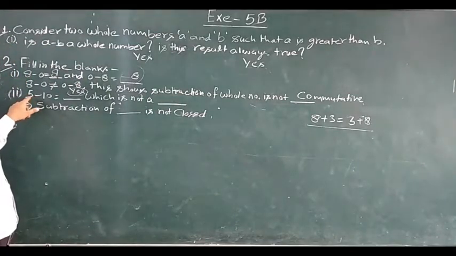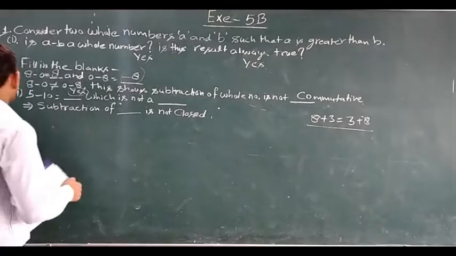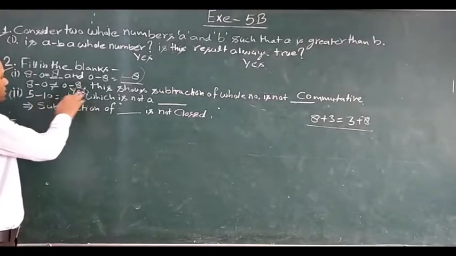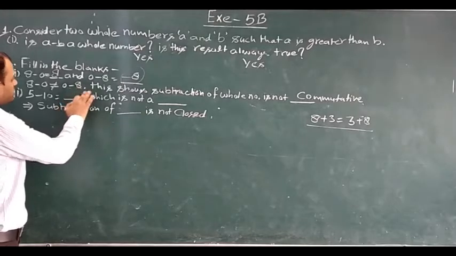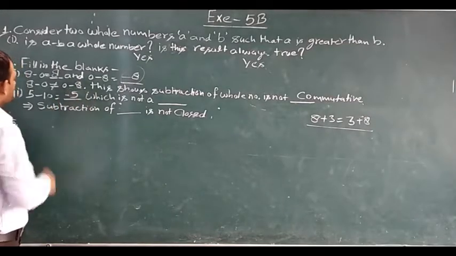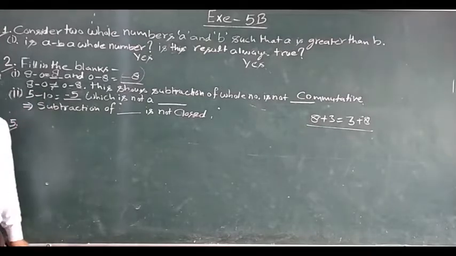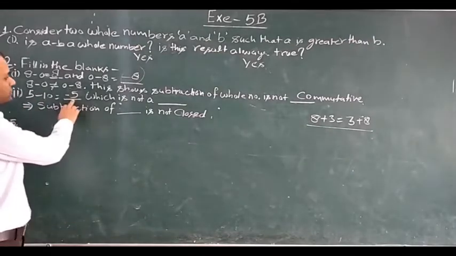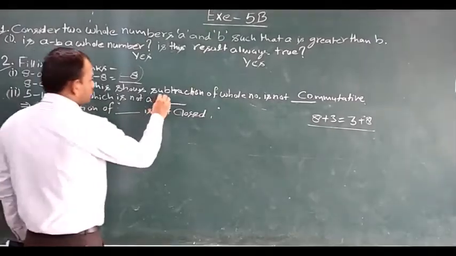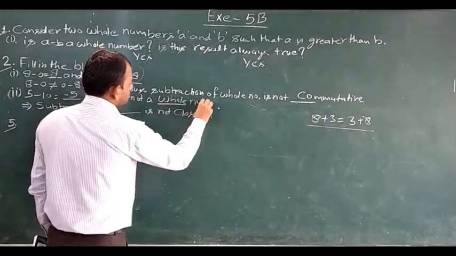Now, second part: 5 minus 10. What will you get? You will get minus 5. I told you here, whenever we subtract a greater number from a smaller number, we get a negative value. And this is not a whole number. You will write whole number.